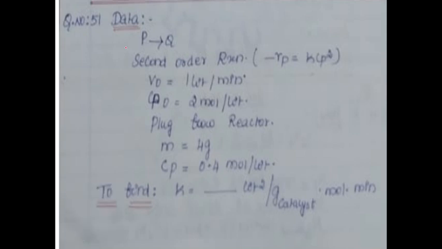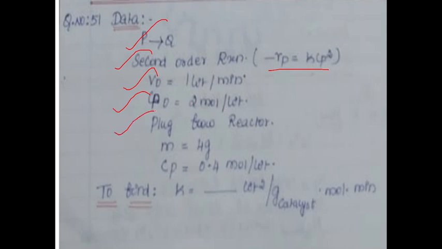Here the equation is given, P gives Q. This reaction is a second order reaction, so we take the rate of reaction minus Rp equal to K into Cp square. Volumetric flow rate V0 is equal to 1 liter per minute. The initial concentration Cp0 is equal to 2 mole per liter.